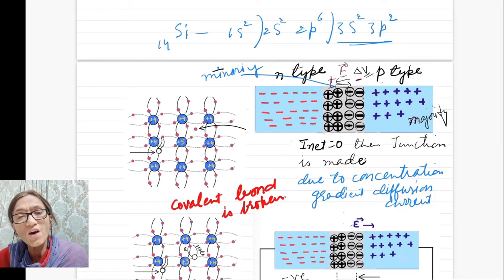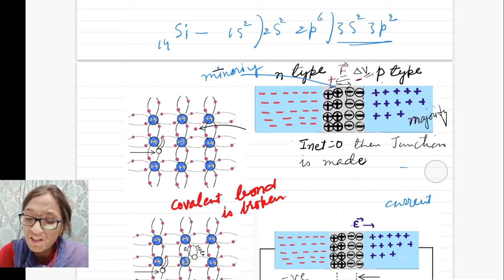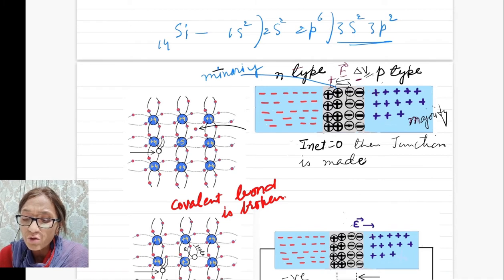Now one more phenomenon happens here, and that is called drift current. So let me delete this first of all. So a second current is also created, and it is due to this electric field. Look how.